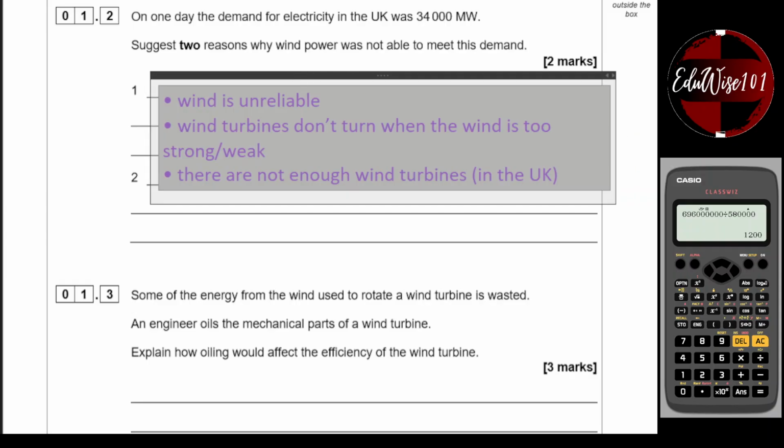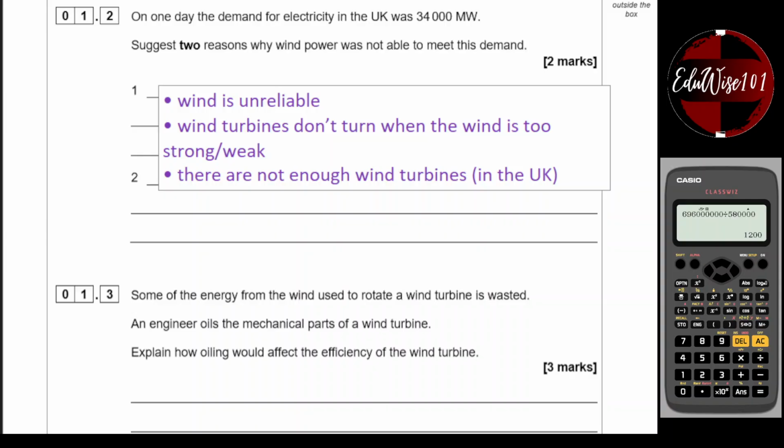Some possible answers: wind is unreliable, so it's not always windy. Or you could say wind turbines don't turn when the wind is too strong or too weak. And you could also say there aren't enough wind turbines in the UK. So we won't be able to meet the entire demand just by generating electricity from wind turbines.